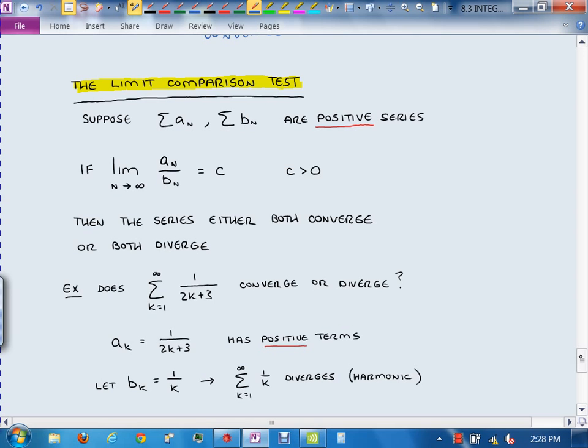And let's say you take the limit of each series stacked on top of one another like a fraction. You put one sequence on top of the other, and let's say your limit comes out to be a number other than 0. Then the series both converge or both diverge. So whatever one does, the other one does.